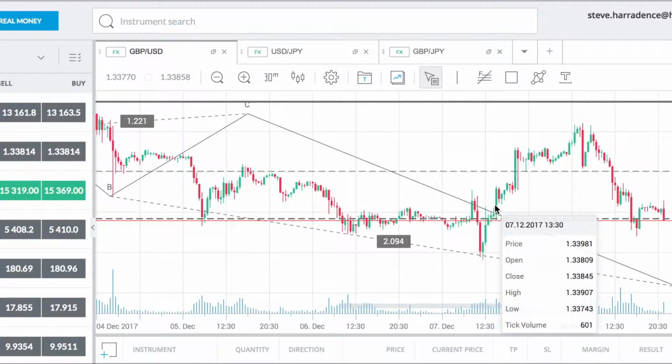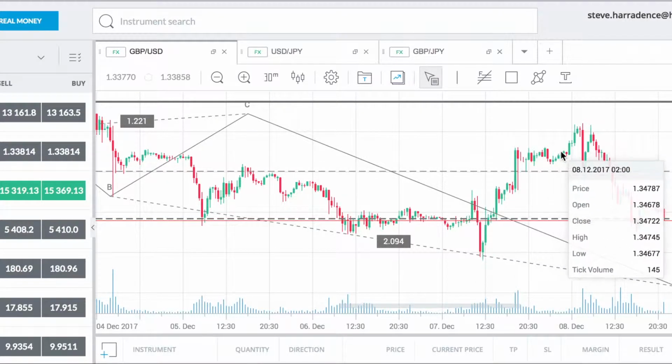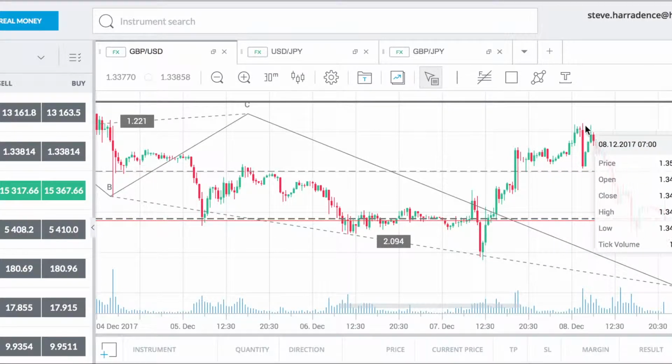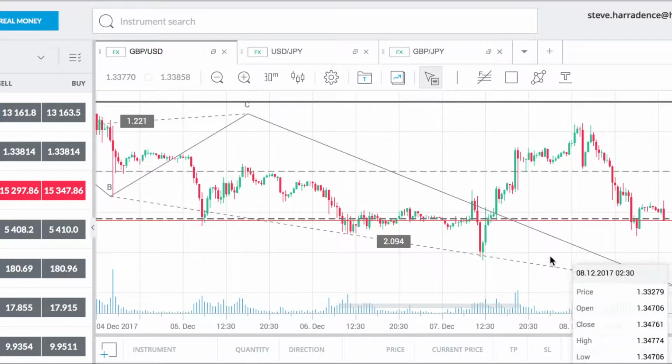And then obviously this support becomes a resistance level, so it broke through it in the evening on the 7th to early morning next day, and then it pulled back a little bit, again testing this support level. So this is where it is at the moment, 1.3377. So it's testing the support level here. If it opens tonight weak, then the next level to test is here.